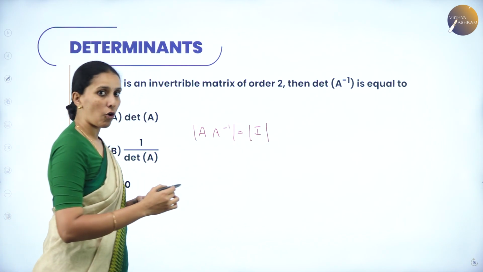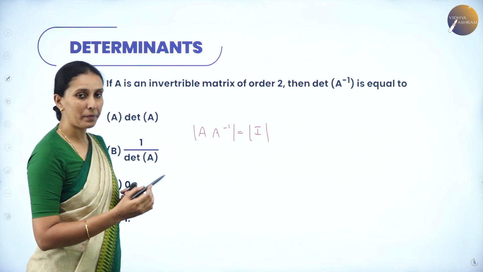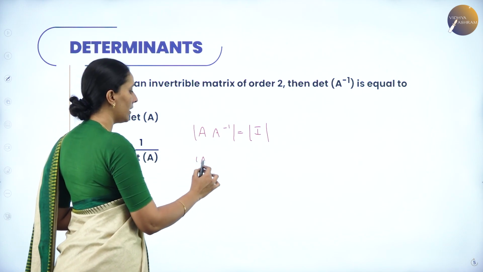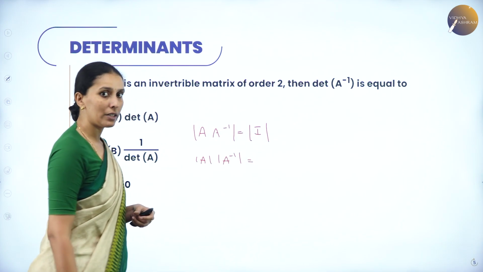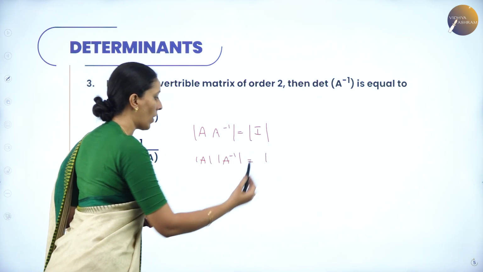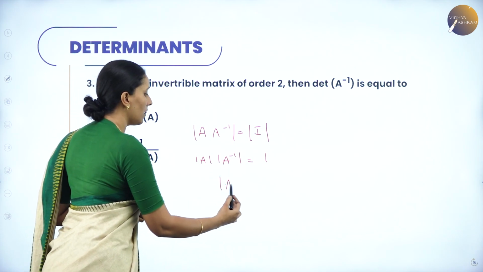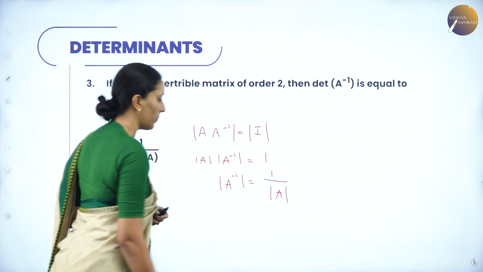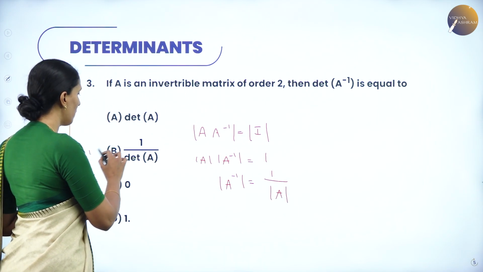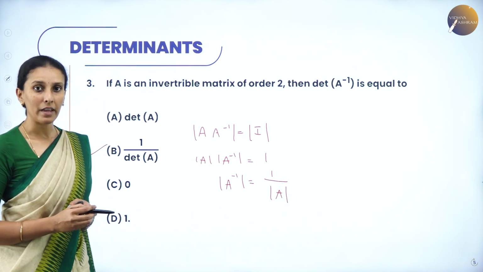Now determinant of A into B can be separately written as determinant A into determinant B, so here determinant A into determinant A inverse, and determinant of your unit matrix is always equal to 1. So here we need determinant of A inverse, hence this is 1 over determinant A. So the correct option is 1 over determinant of A.